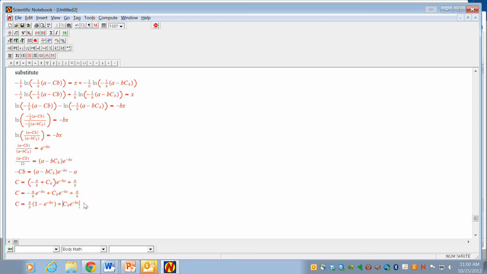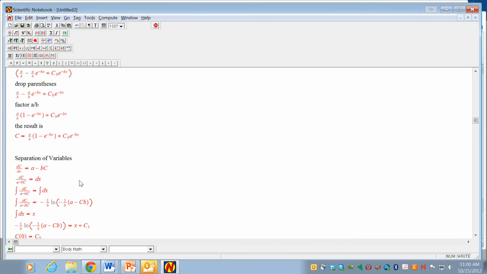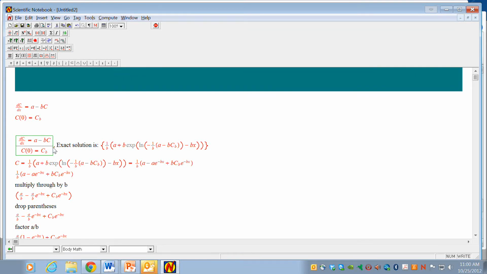Now, before we leave this problem, I'd like to show you that we can check whether this is indeed the right result. The procedure is like so. We start with these two equations.